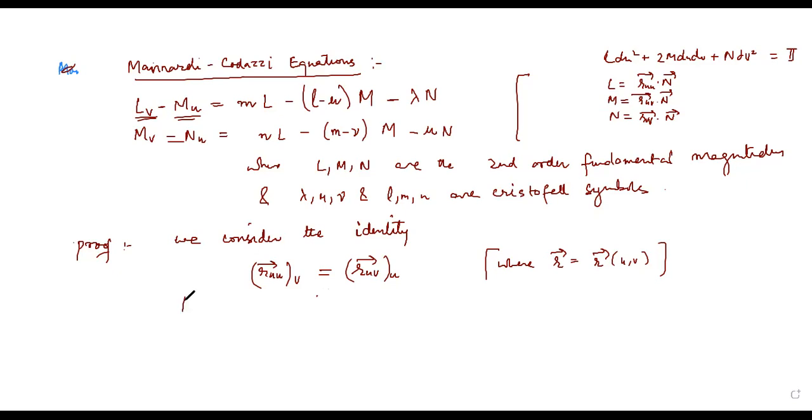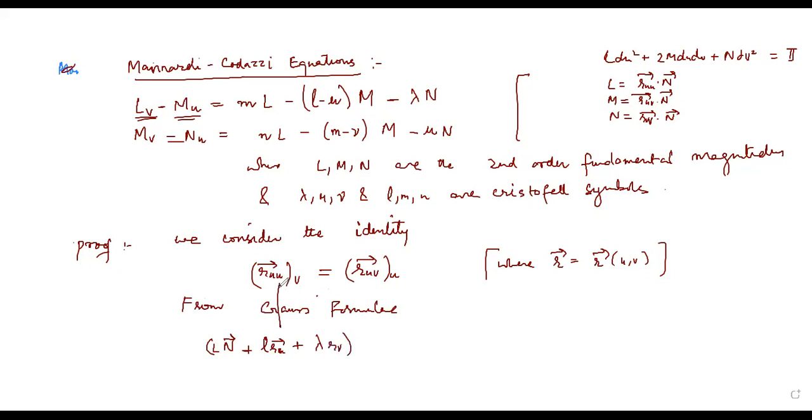Now from Gauss formulas, हमने जो formally किए थे, R_uu was L times this unit normal vector N plus small l times R_u plus lambda times R_v.